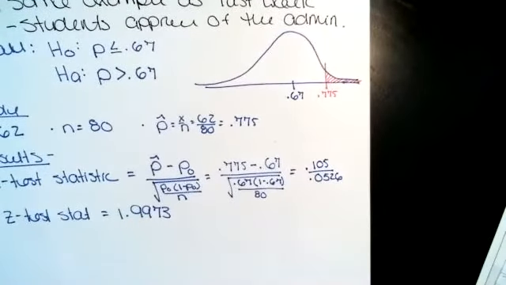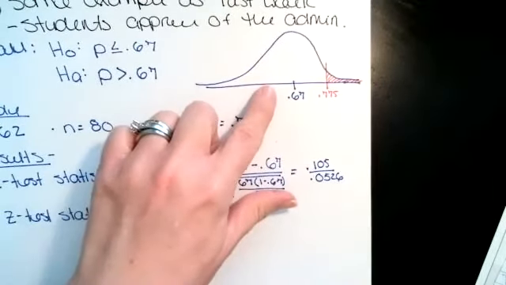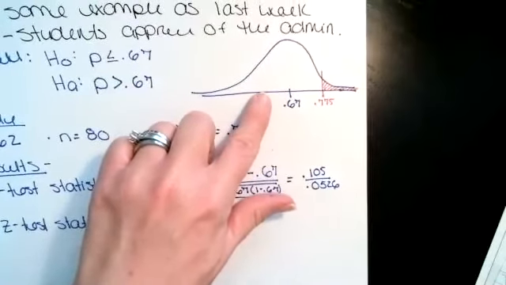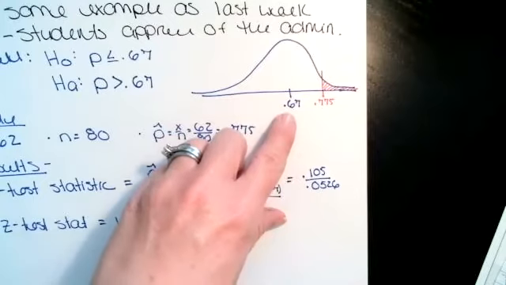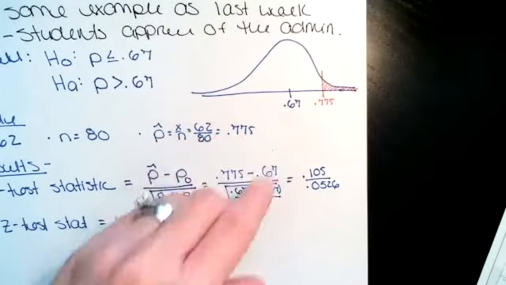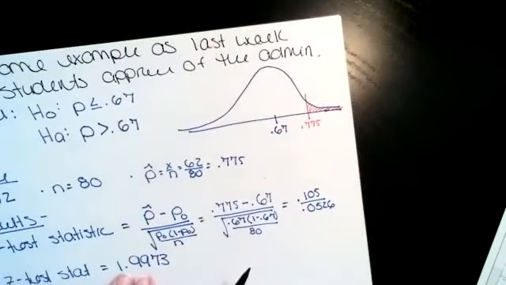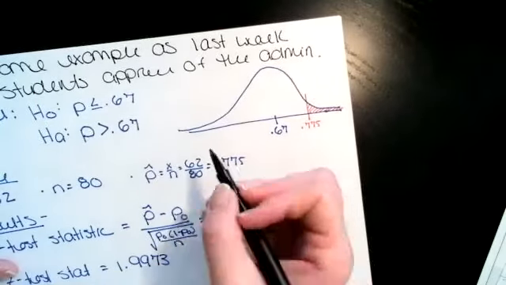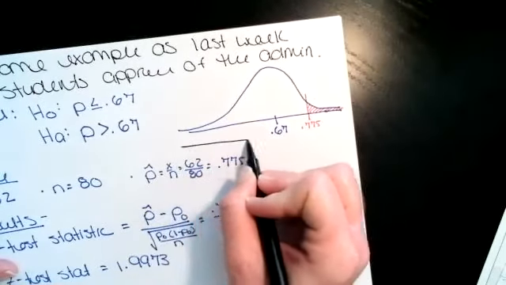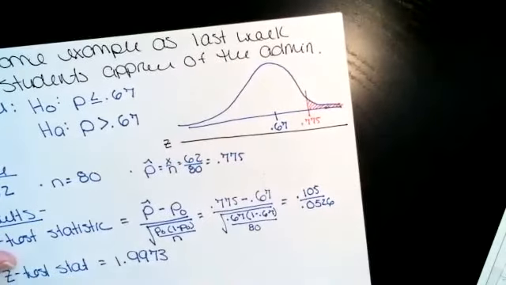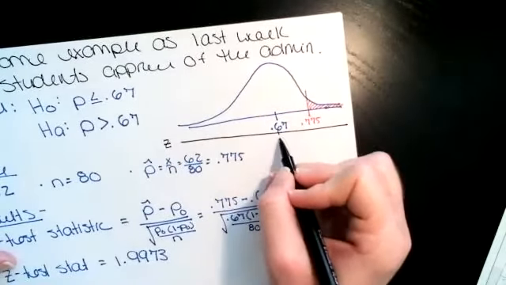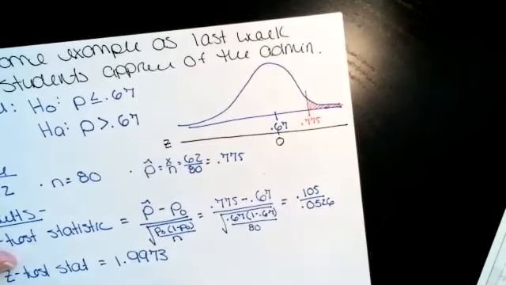Now, I just want to give you the visual of what's going on here. So this is my curve for my data, right? My sample proportion. Here's my p naught, the center of my curve. What does 1.9973 have to do with it? Well, now I'm bringing this down onto the Z curve. The center of the curve is now 0.